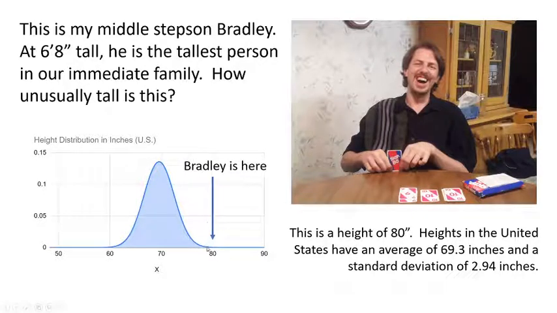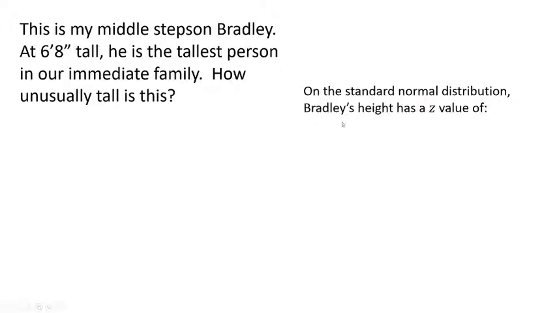So yeah, that's obviously a very, very high, large number of standard deviations above the mean here. Not many people would be at his height or higher. There's not much area under the curve here, not much of a probability of anybody being at his height or taller. But let's go through it a little bit more computationally here.